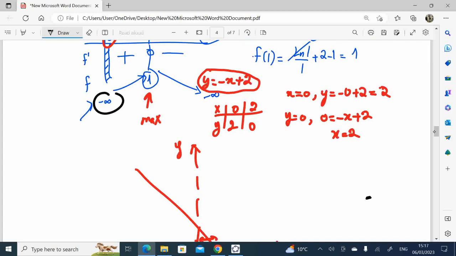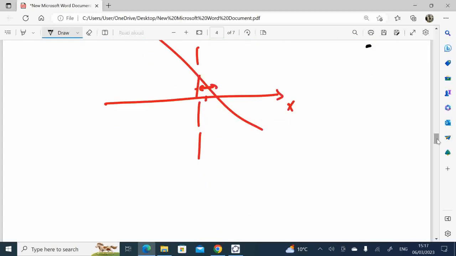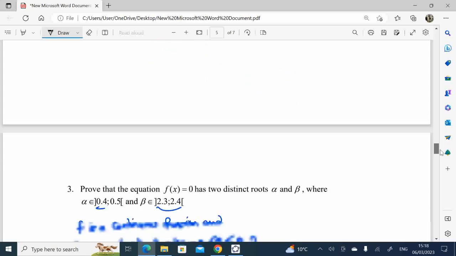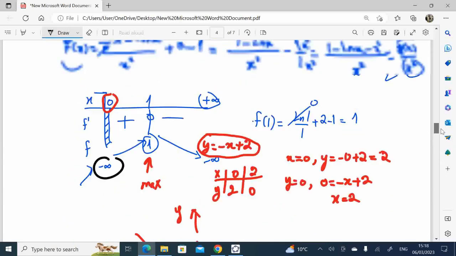So if I go to the graph, we have to go from minus infinity of the vertical, go up to the maximum.